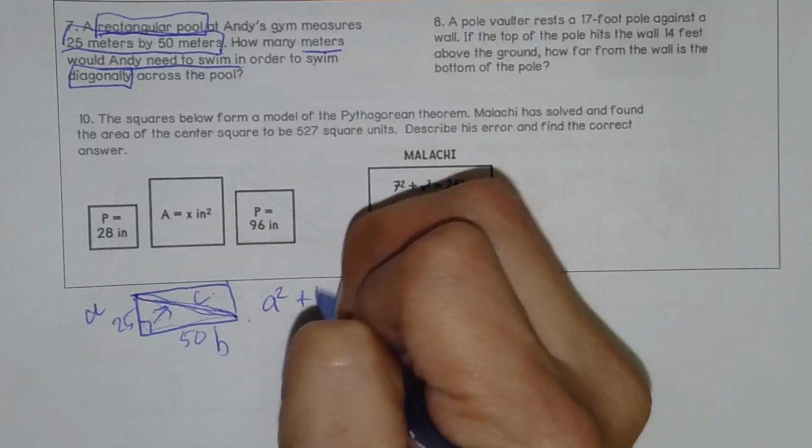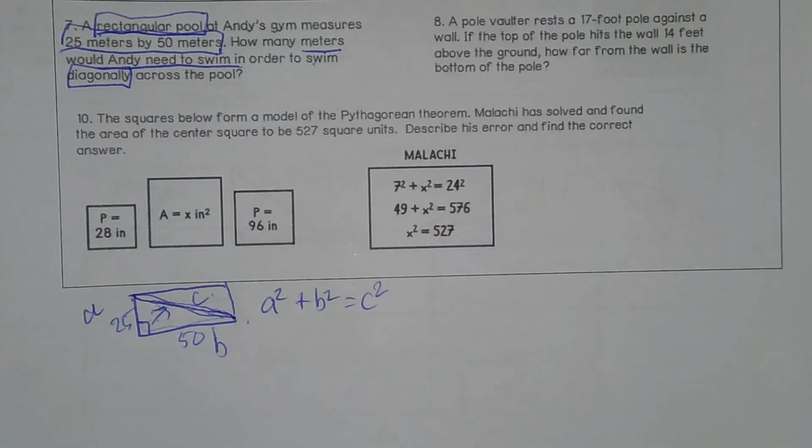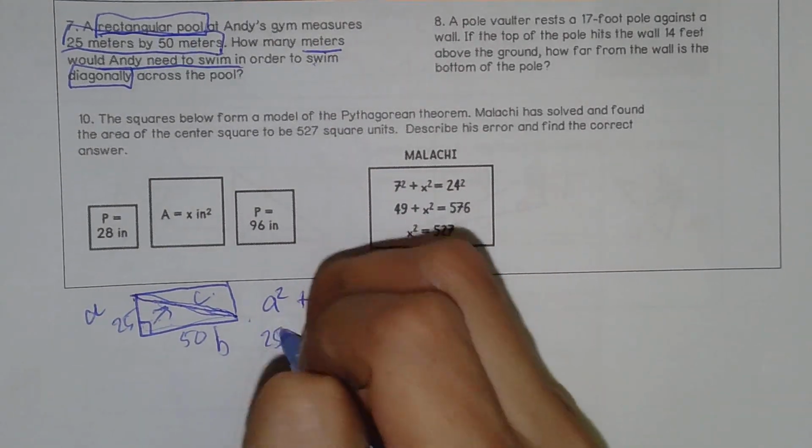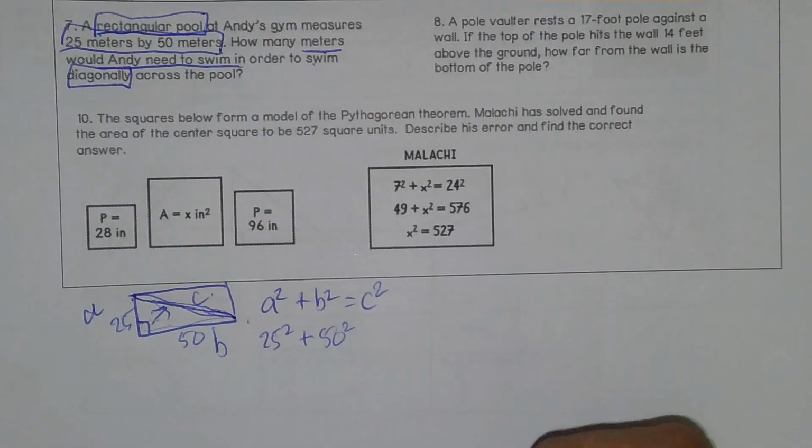A squared plus B squared is equal to C squared. Since I have both A and B, I'm going to include 25 squared plus 50 squared is equal to C squared.